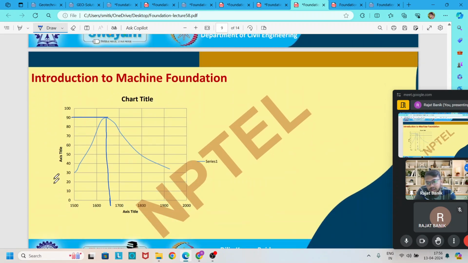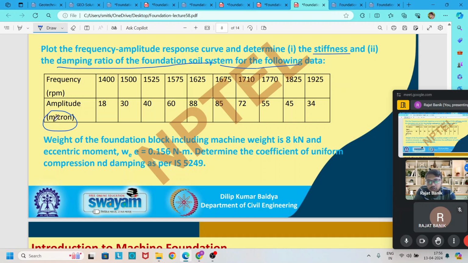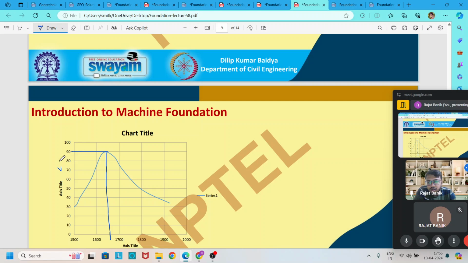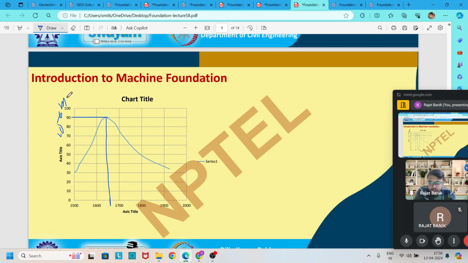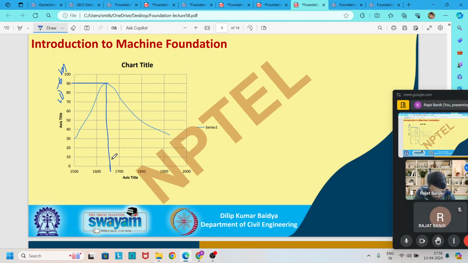From this curve, after plotting, this is in terms of micron, so 10 to the power minus 6 meter, and in mm.